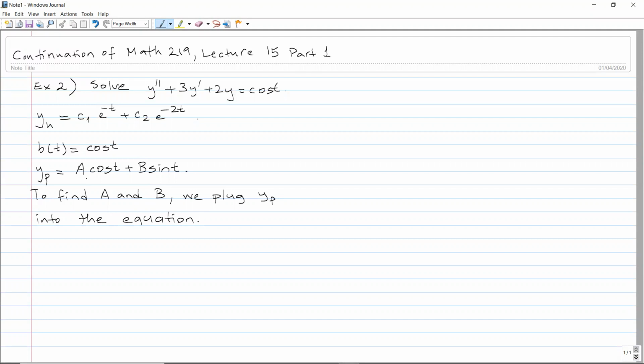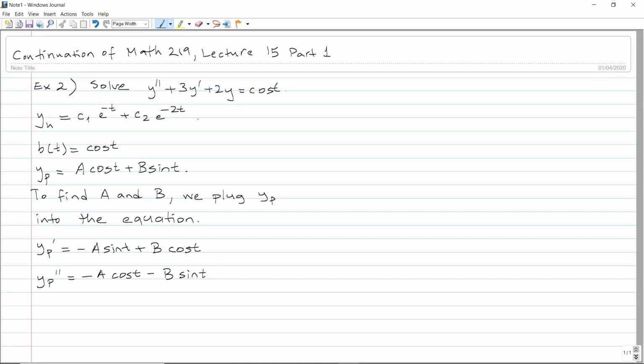When yp is a cosine t plus b sine t, the first derivative is minus a sine t plus b cosine t, and the second derivative is minus a cosine t minus b sine t.